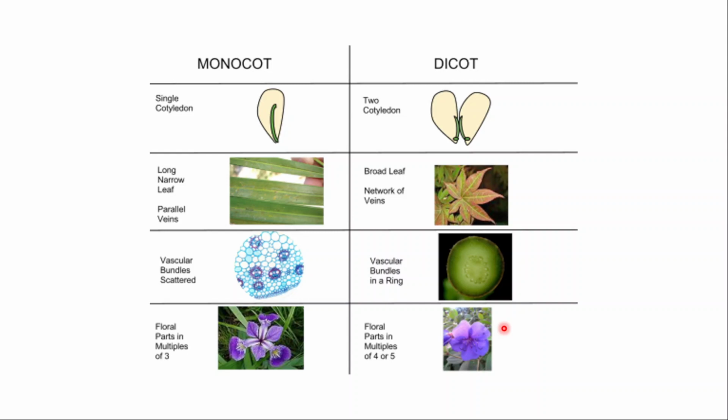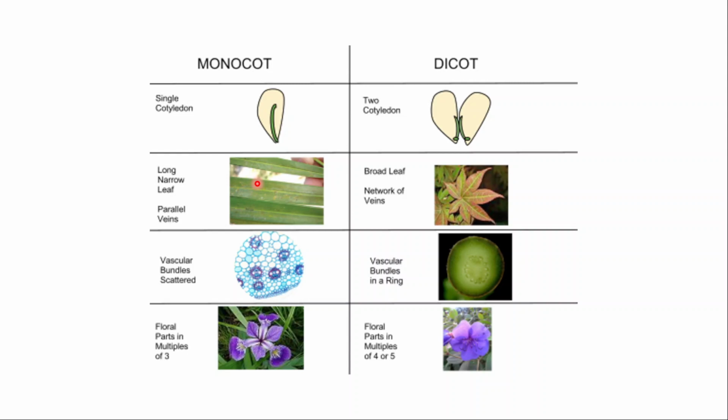So if you summarize again the difference between a monocot and a dicot, in monocot we have a single cotyledon. For dicot we have two cotyledons. If we look at leaf morphology, we have long narrow leaf and parallel veins in monocot. Have you ever noticed a banana leaf? So the venulation or the pattern of veins is always parallel.